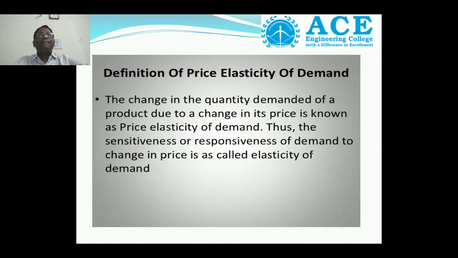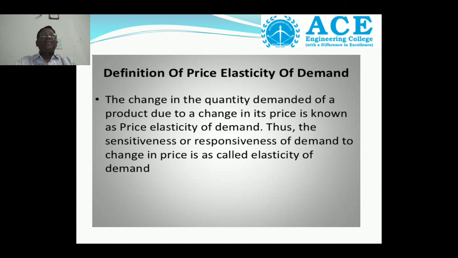Then first we should know the definition of price elasticity of demand. The change in the quantity demanded of a product due to change in its price is known as price elasticity of demand.